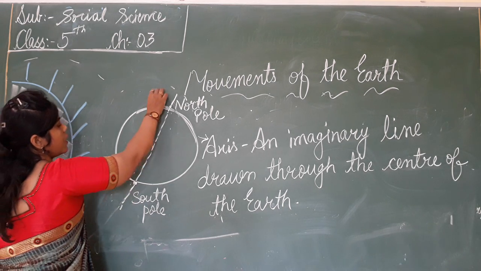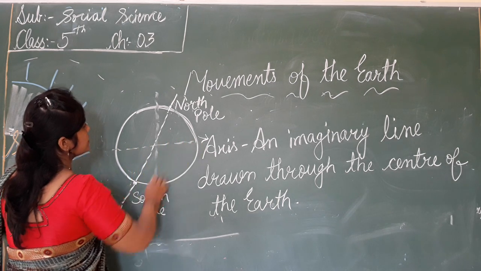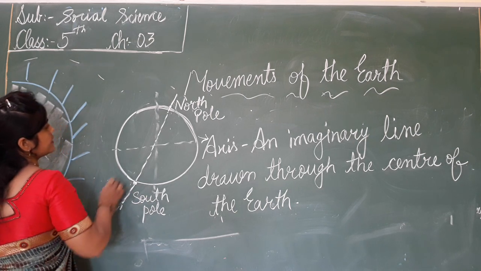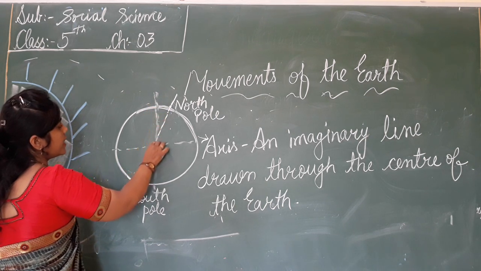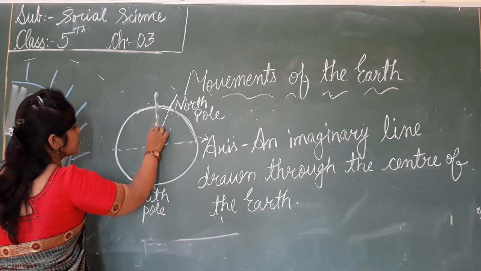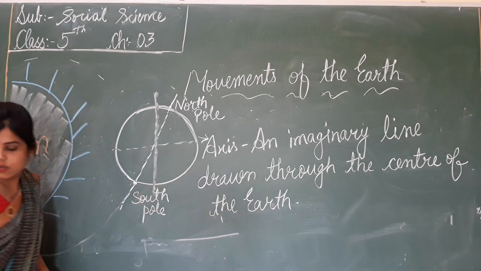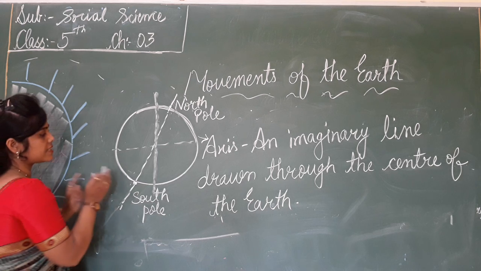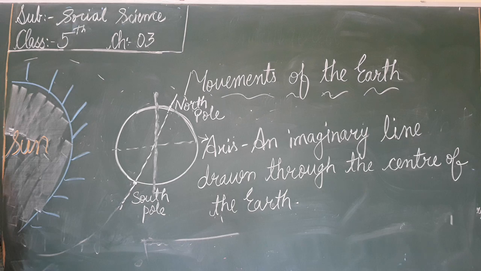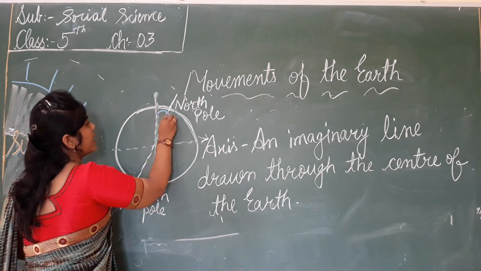Now the earth is not standing in this direction. Here what we draw is north at the top and south at the bottom. But in reality the earth is slightly tilted. It is not just standing. Our earth is not stationary. It is rotating on its axis, and the earth is tilted at an angle of, what angle?